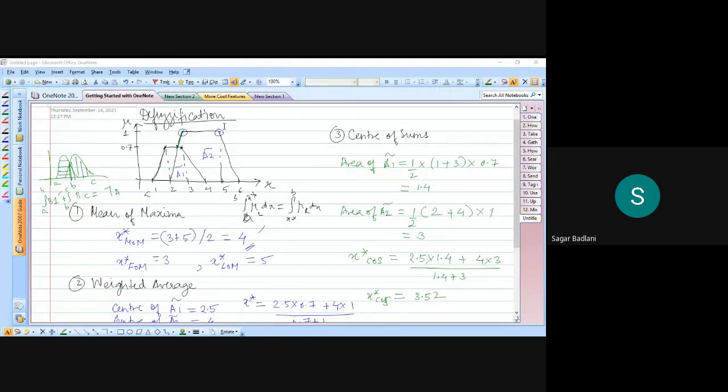So that is approximately 3.65. So that will be the answer of center of gravity. Exactly. And by bisector, we are getting 3.7025.